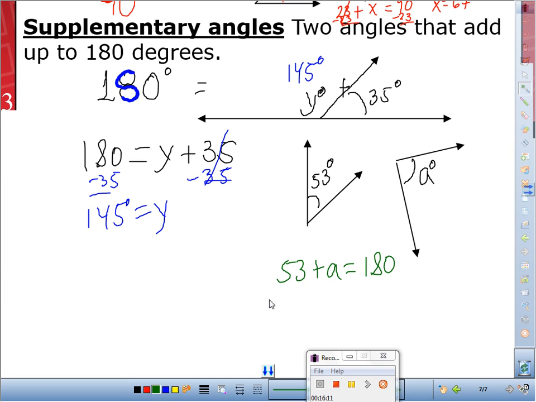From there, put the line down the equal sign. Subtract 53 from both sides. And you got what? A equals 127. Who got 127? That is correct. This is equal to 127 degrees.